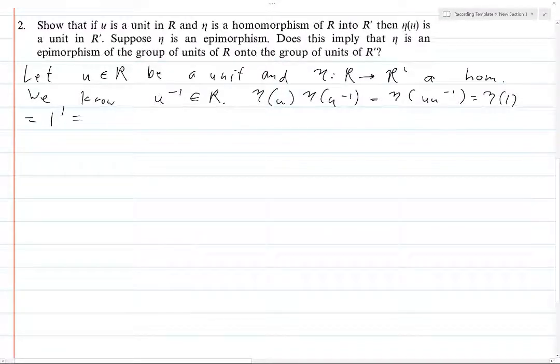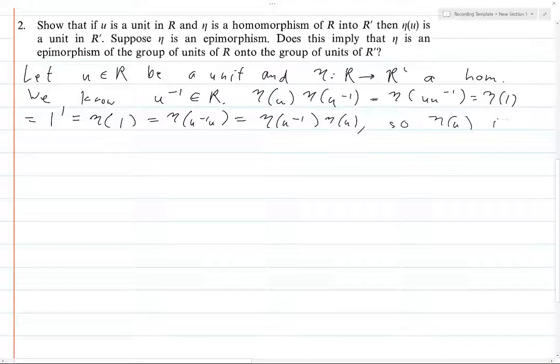Then going the other way, this is eta of 1, and this is eta of U inverse U, which is eta U inverse eta U. So what does this mean? This means eta U is a unit in R prime with inverse given by eta of U inverse.